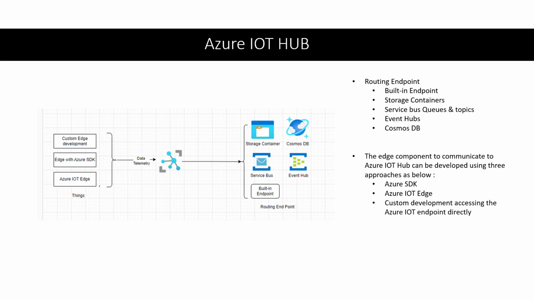And the third one is that Azure comes up with something called Azure IoT Edge, which is an edge framework by itself. I would try to post a video separately for that. So these are three approaches for developing your edge application to send your telemetry information. Now, with this we will start our demo.